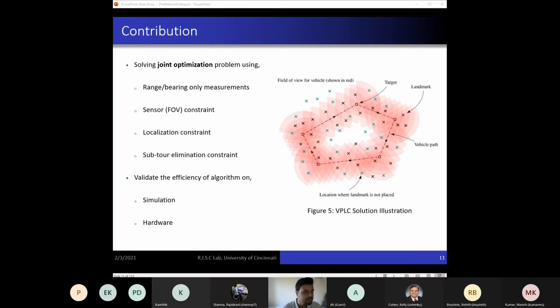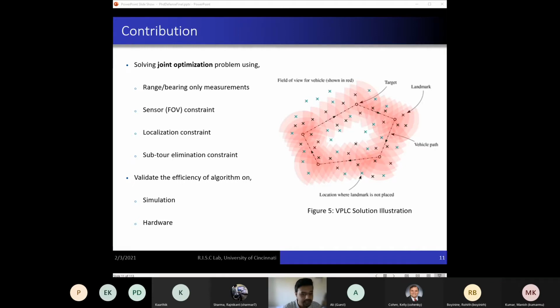The major contributions of this work are: we solve a joint optimization problem using range-only or bearing-only sensors. We considered practical sensor limitations such as sensing range or field of view. We adhered to the localization constraint. We developed a very efficient subtour elimination technique enabling efficient optimization.